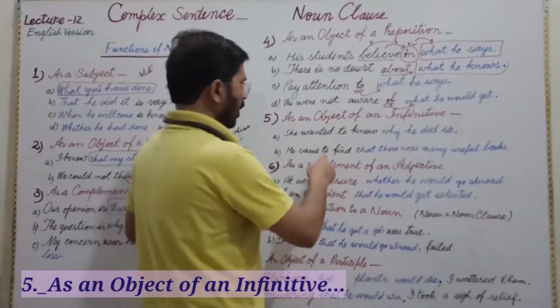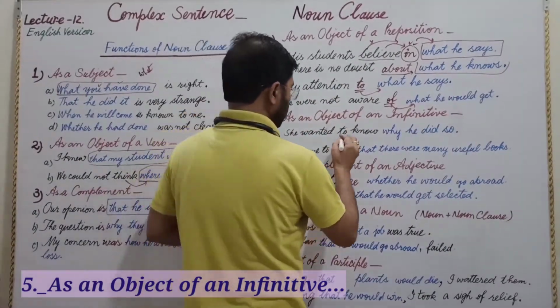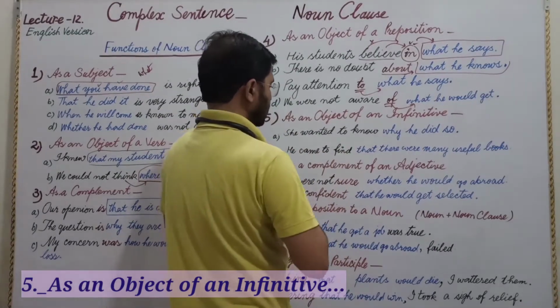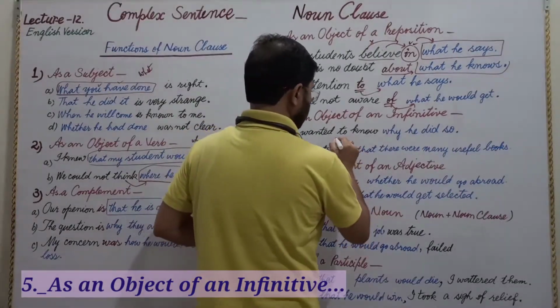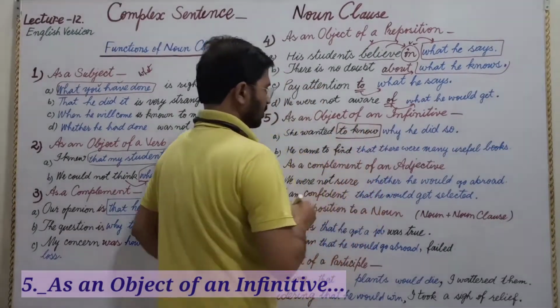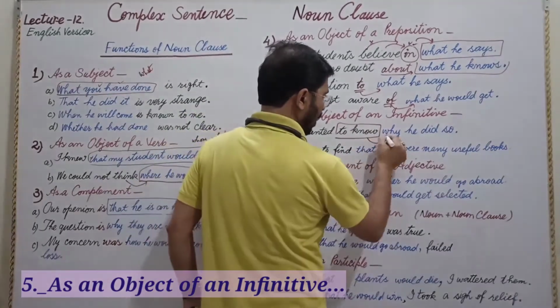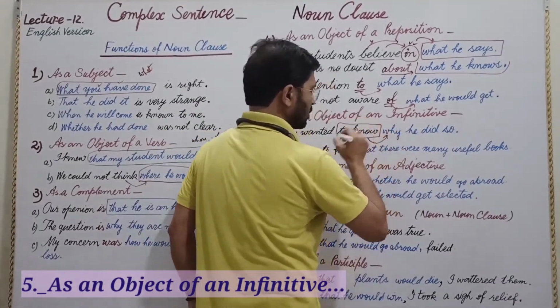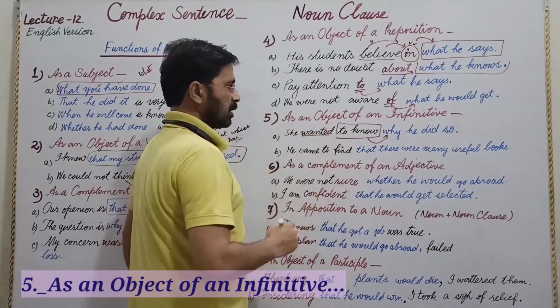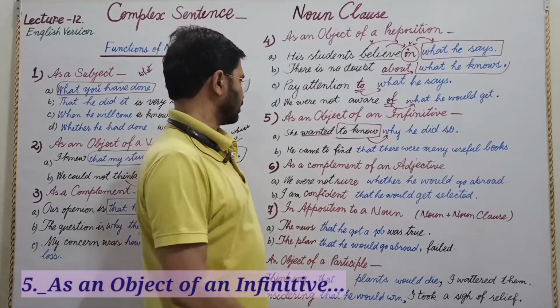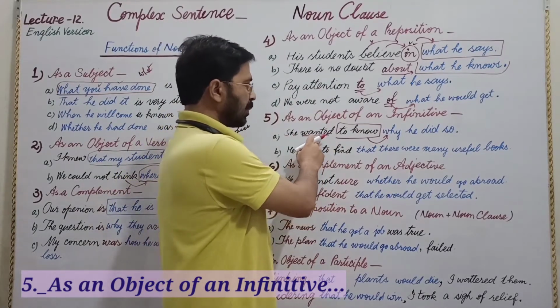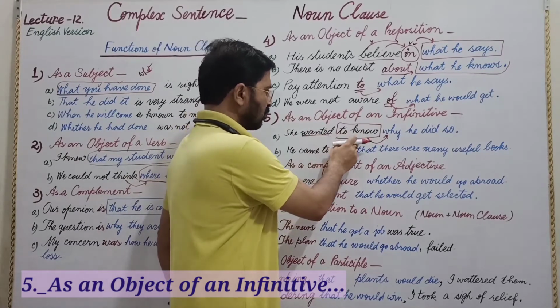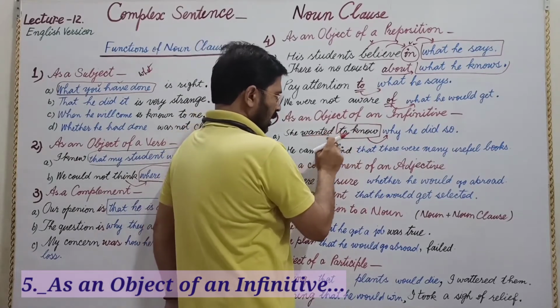Okay, and whenever we have an infinitive of to plus first form which represents a purpose, and whenever we have a part after to plus first form other than the verb, it is called object of an infinitive. She wanted is a main verb, it means a finite verb, and to know is non-finite.